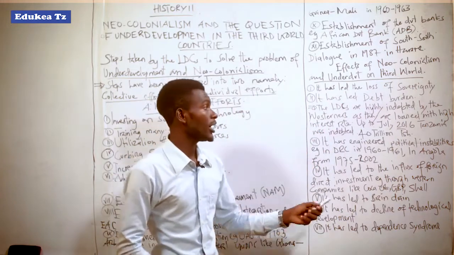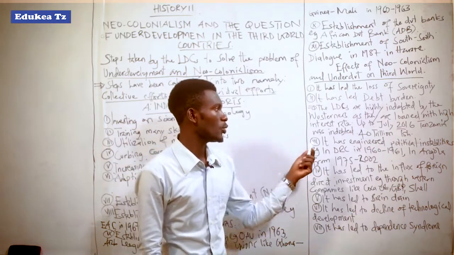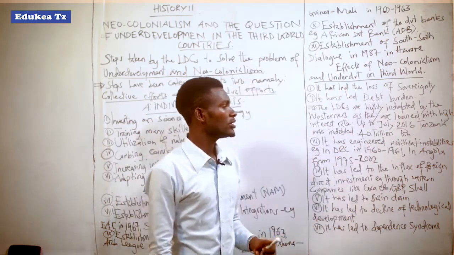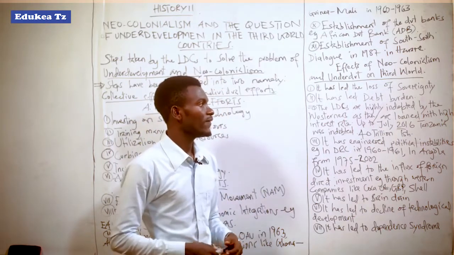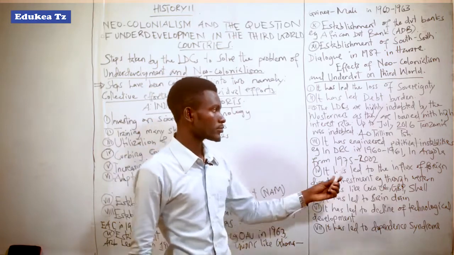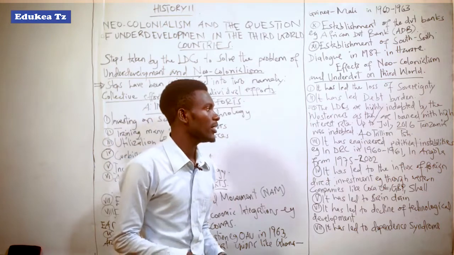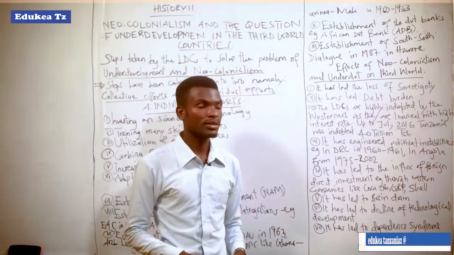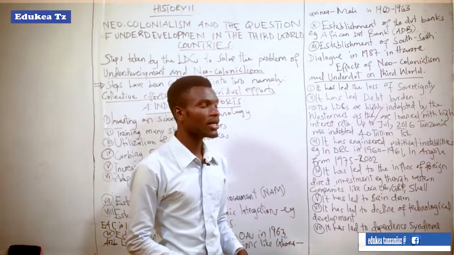For example, up to July 2016, in Tanzania the debt of our nation had reached 40 trillion Tanzanian shillings.